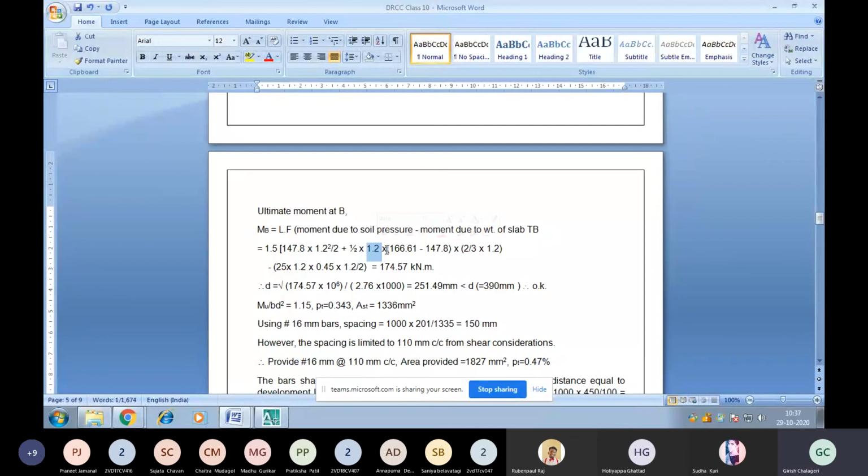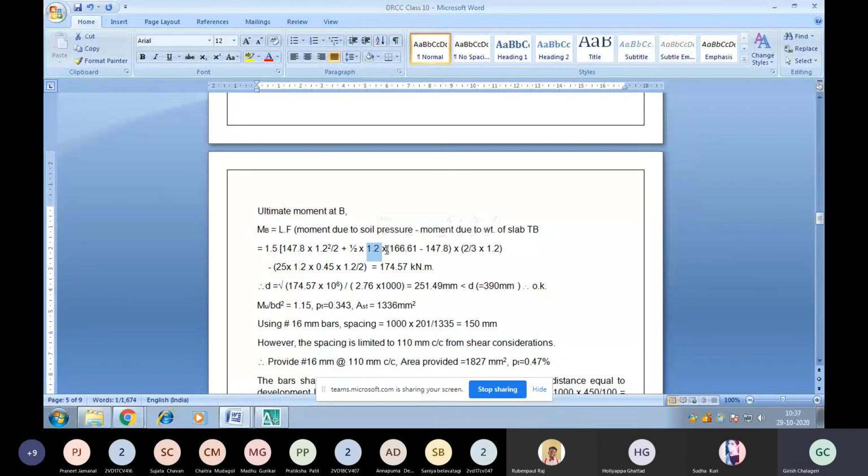Area of steel, what we got after calculation, is 1336 mm square. So here we are going to use 16 mm diameter bars for spacing. Spacing will be area of one bar divided by total area into 1000. We get 150 as the required spacing for the 16 mm diameter bars.